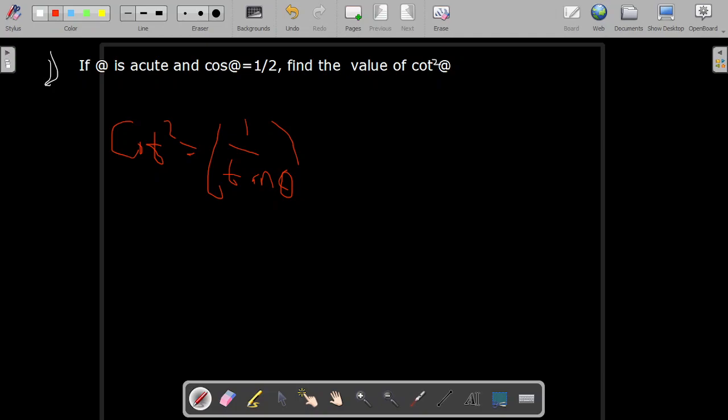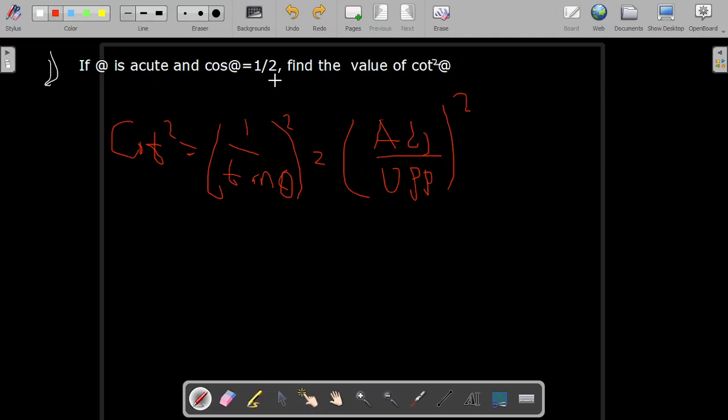And we know that tan theta normally is adjacent over opposite, but since it's the reciprocal, the cotangent is adjacent over opposite. Adjacent over opposite, squared. So we can actually get our answer now. But cos theta is equal to 1/2.